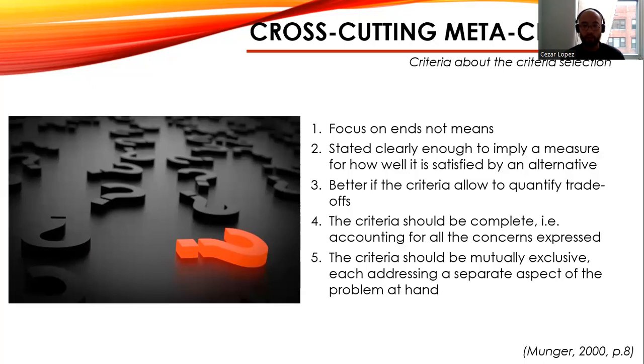Three, it's better if the criteria allow you to quantify trade-offs. Four, the criteria should be complete, that is, accounting for all the concerns expressed. Five, the criteria should be mutually exclusive, each addressing a separate aspect of the problem at hand.